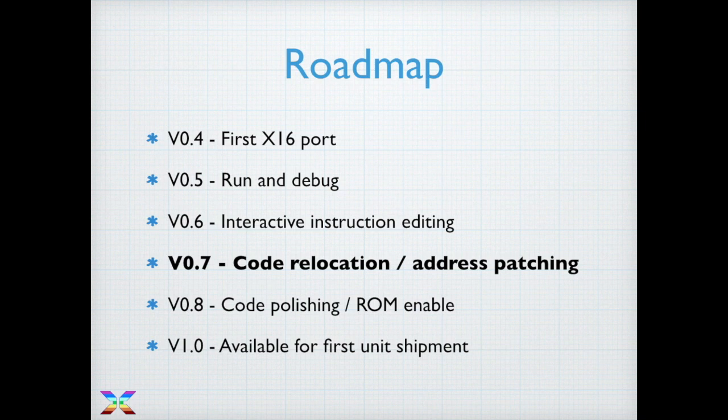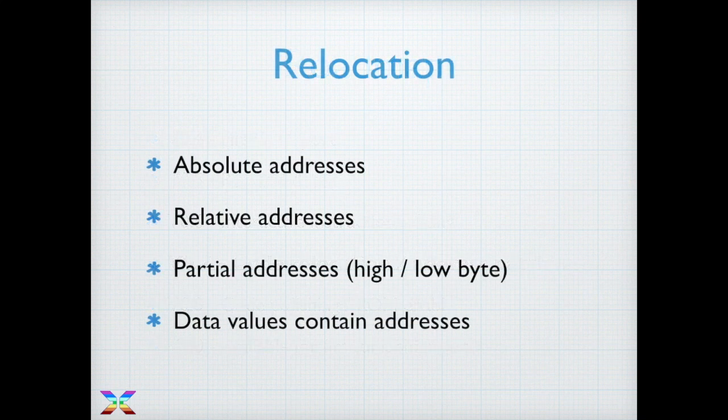What do I mean by code relocation? Well, let me show you what some of the problems are. One of the problems is absolute addresses. When you're using a 16-bit address, like with a jump or a jump subroutine or a load, that value can get changed if you move code around.